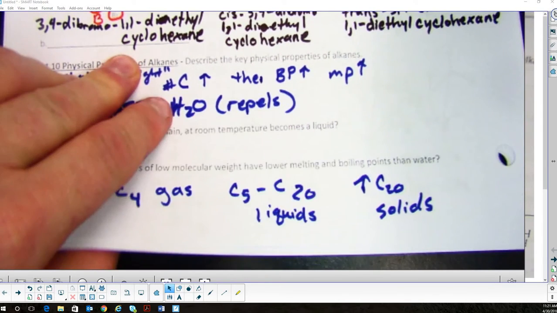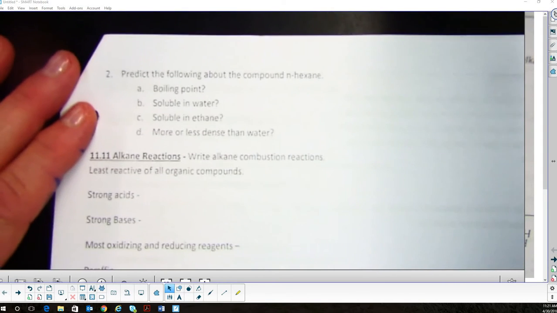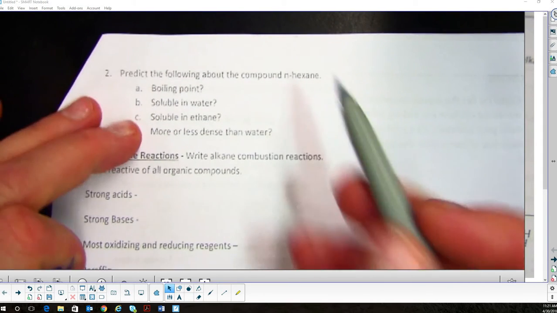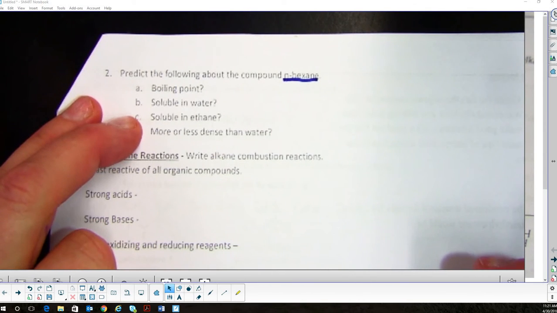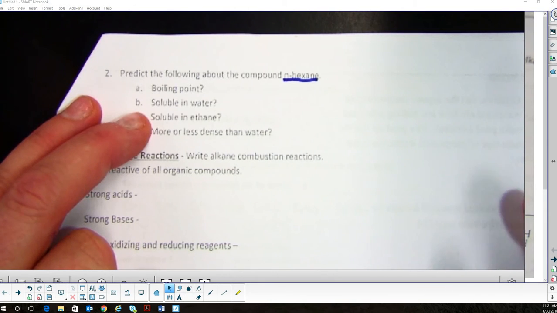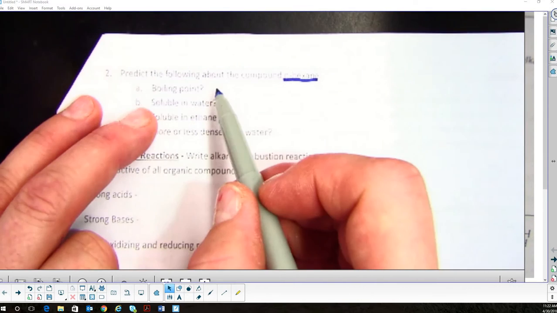Okay, we're going forward? All right, so this next one says to predict the boiling point of n-hexane. So what did we just learn? C5 through C20 are liquid at room temperature. Okay, so what is the boiling point?